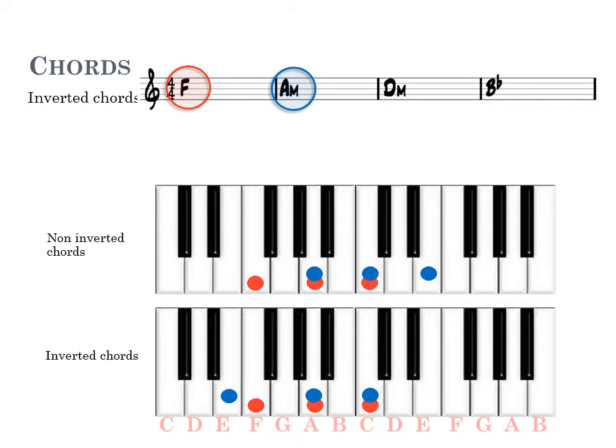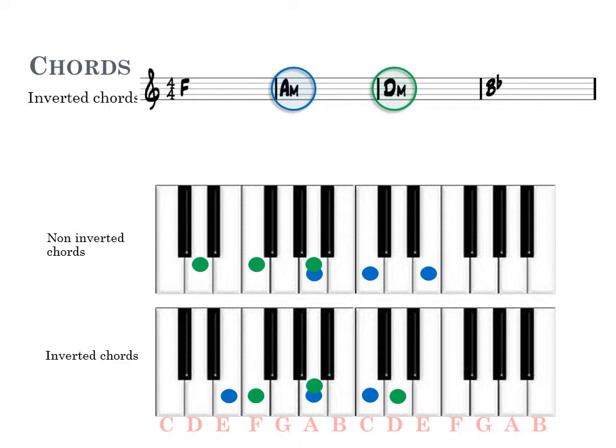Moving on from the A minor, so here is where we are now, if we would play this, and moving from the A minor to the D minor, this is how it would look with the inverted and the non-inverted. And looking at the top with the non-inverted, this is a very big leap from the A minor to D minor if we start with the root and just keep it in that first position.